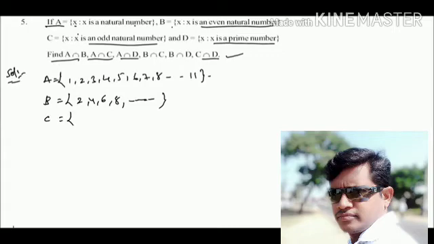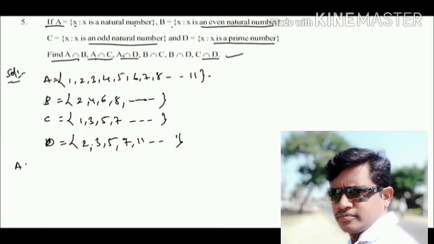C is the odd natural number set: 1 3 5 7 and so on. D is the prime number set. What are the prime numbers here? 2 3 5 7 11 and so on. So we need to find A intersection B, A intersection C and A intersection D also.